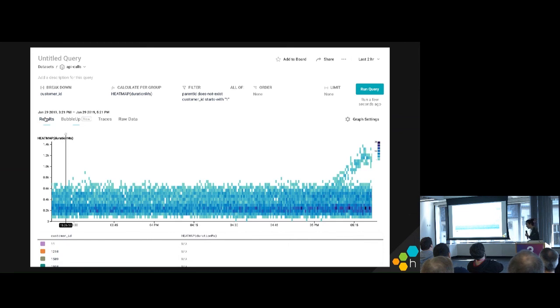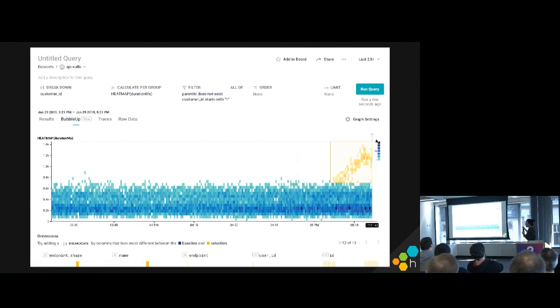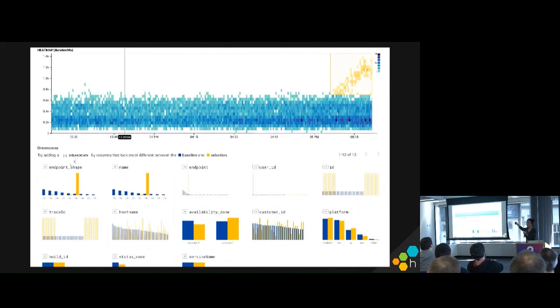And this right-hand side tells me, okay, within the last 15 minutes or so, requests have gotten much slower than usual. But beyond this visualization, I can say, well, this cluster in the upper right-hand corner is what's interesting. Those requests are strange. Tell me more about them. With all of those fields that were captured in the log lines, tell me which ones are represented more inside that interesting square versus outside. Looks like one endpoint is adversely affected and one user ID.